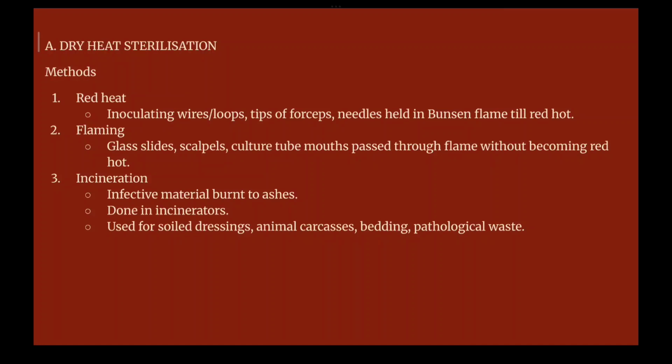Now red heat. Here the inoculating wires or loops, the tips of forceps, and needles are held in a Bunsen burner till red hot. It is very simple. Here the sterilization is performed by placing the tips of any instrument that you are using for handling the microorganism before you touch it into the broth or the specimen samples that you have to get a culture of.